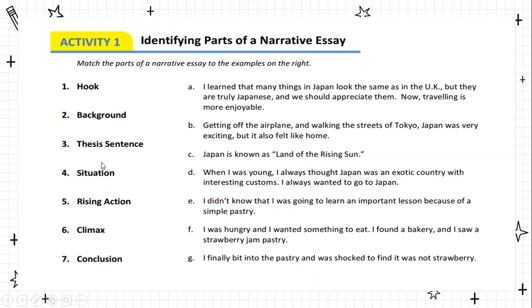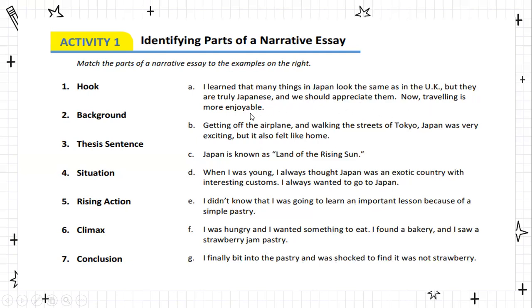Then what's the situation? What's the rising action, the climax, and the conclusion? What's the situation? "I was hungry and I wanted something to eat. I found a bakery and I saw a strawberry jam pastry. I didn't know that I was going to learn an important lesson." That's till the end. Okay, so then "I learned that many things in Japan look the same as in the UK, but they are truly Japanese and we should appreciate them.